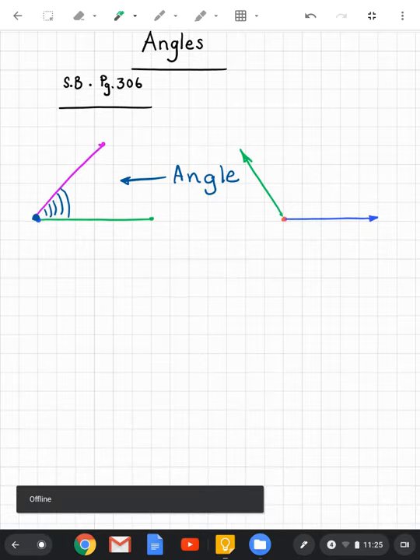So also the distance here between them is angle.